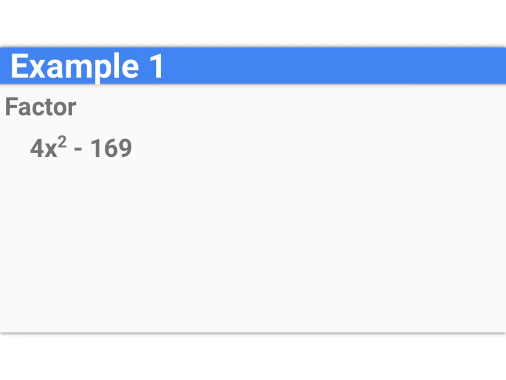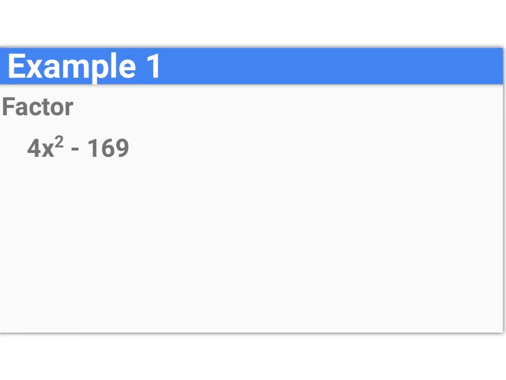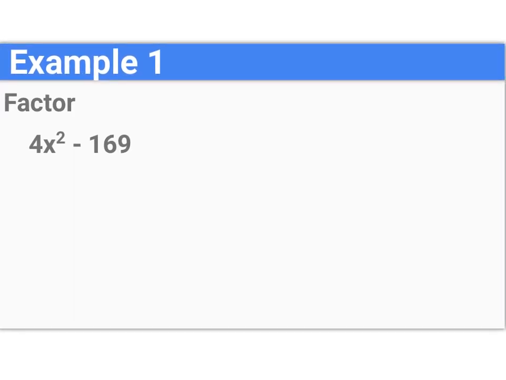So what you look to factor, I cannot see any common factor, since 4 does not go into 169. But what I do notice is that 169 is a perfect square. So if I take the square root of 4x squared and the square root of 169, I get 2x and 13.